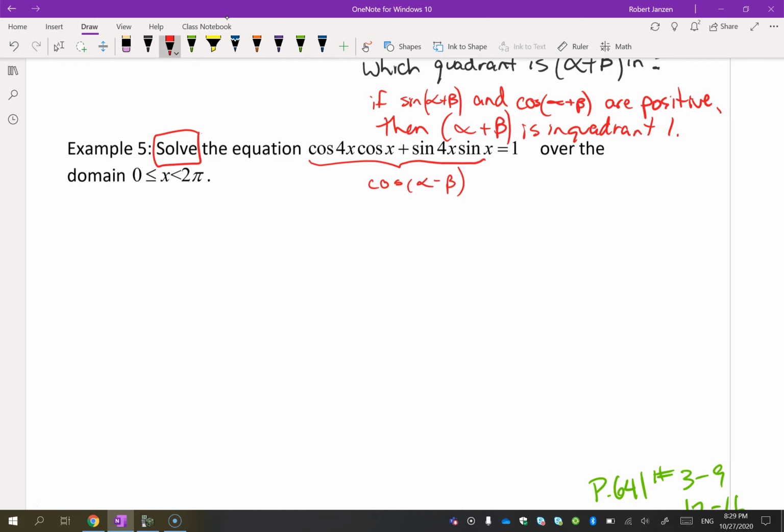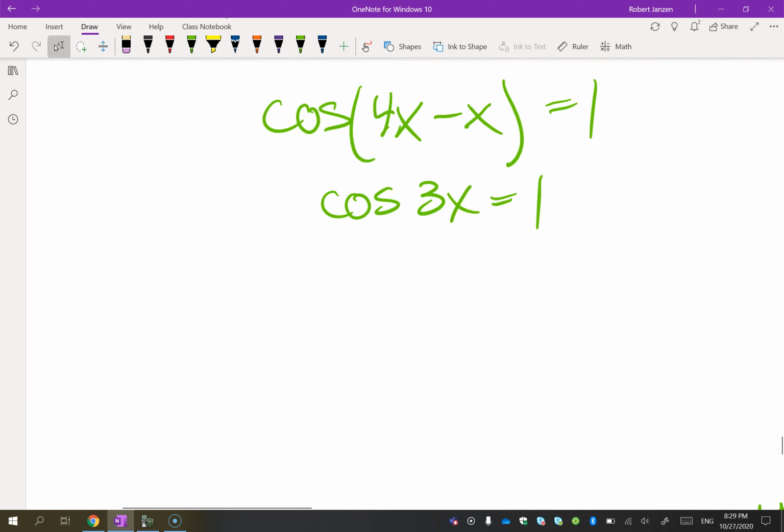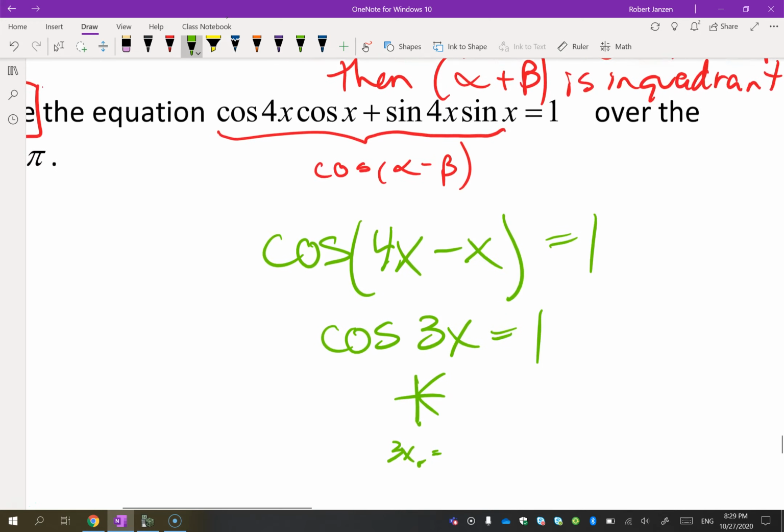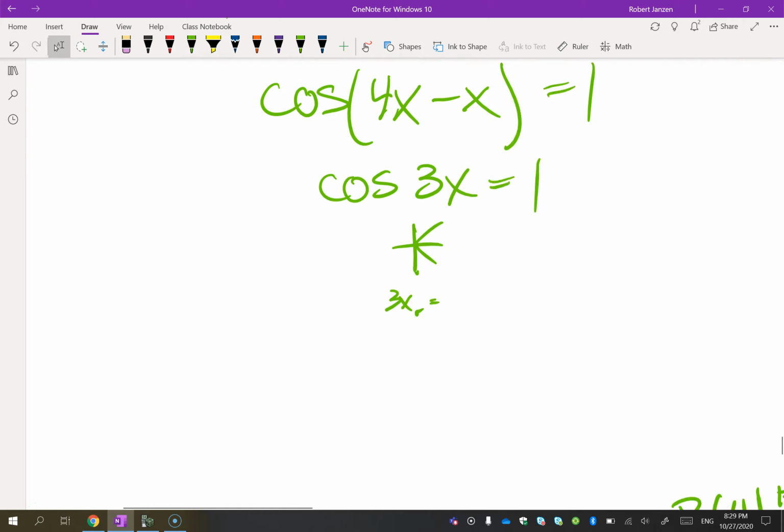So let's write cos, and in this case alpha is 4x and beta is x. So this is cos 3x equals 1. And how do you do that? Well, where is cosine positive? Here and here. The reference angle for cosine, where is cosine 1? This is in radians, so that's at 0 radians.